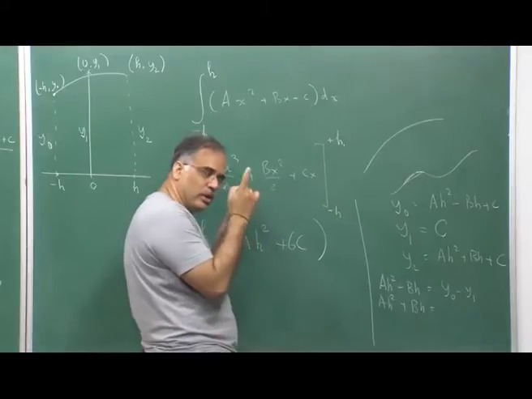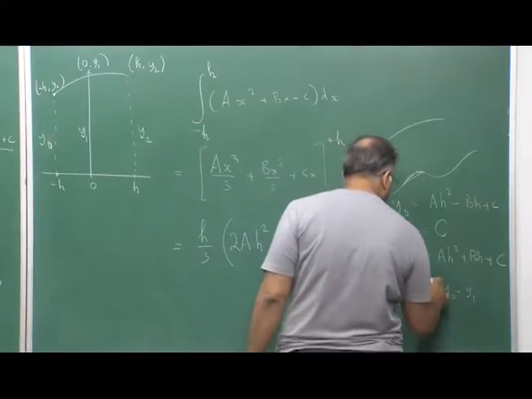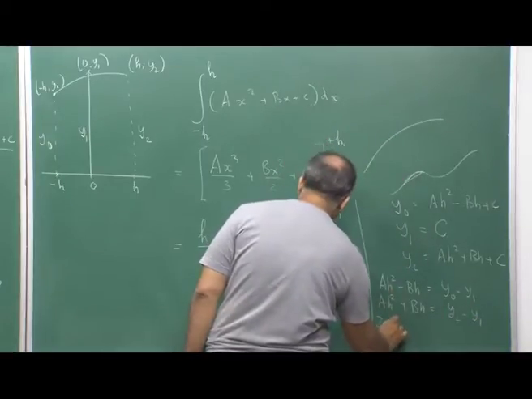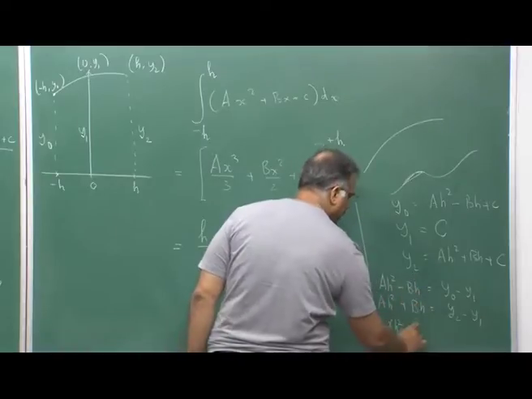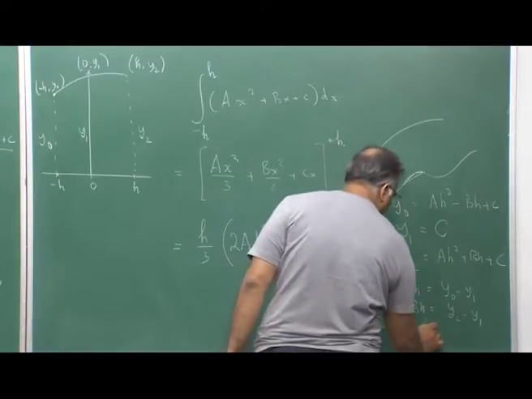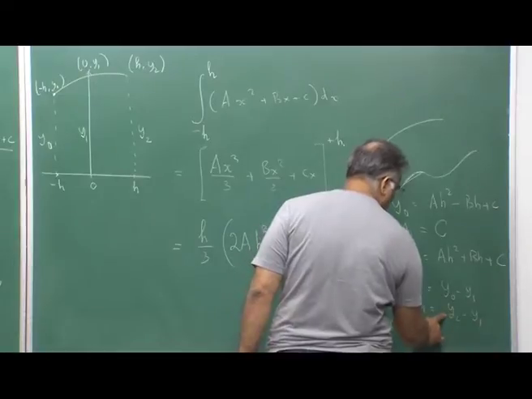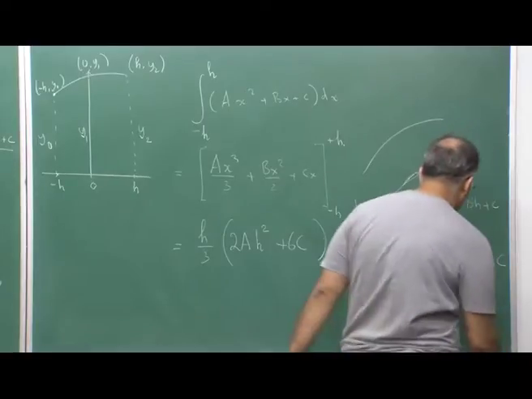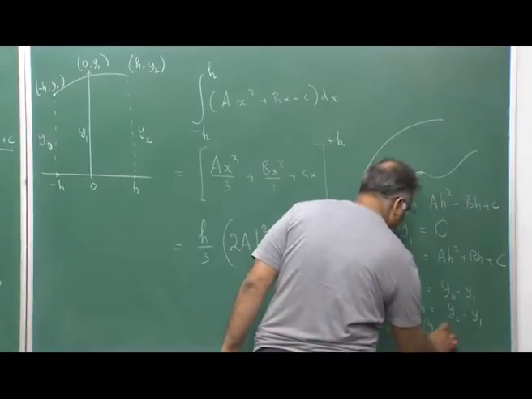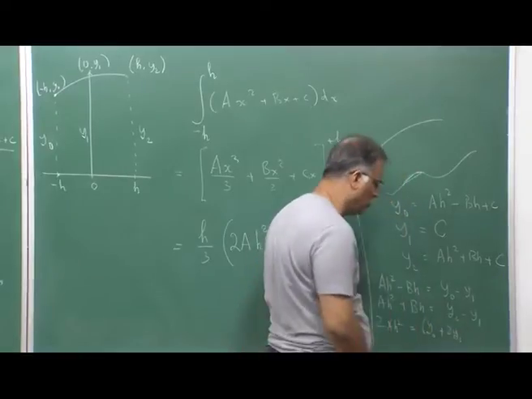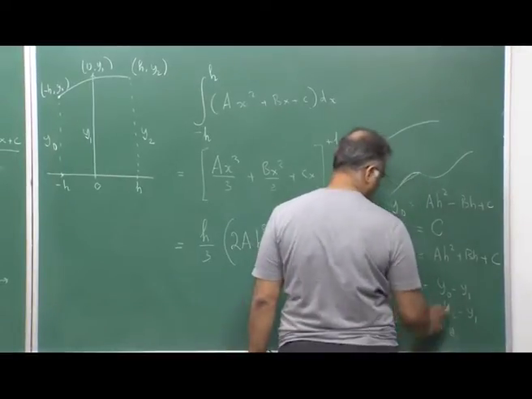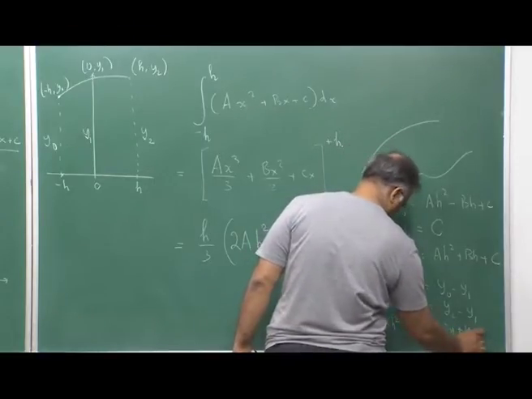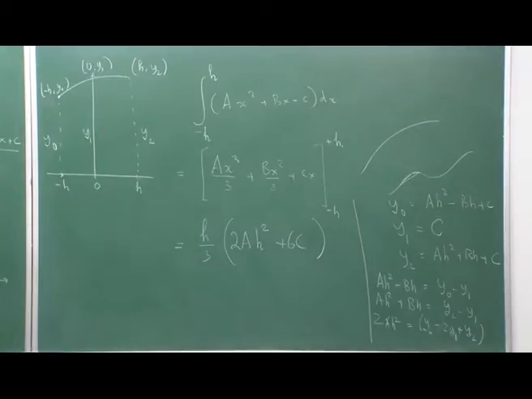Replace it in terms of y0 and y1. If I add these two, I get simply 2ah square, with bh getting cancelled, is equal to y0 minus y1 plus y2 minus y1. So it becomes y0 minus 2y1 plus y2. This is my 2ah square.